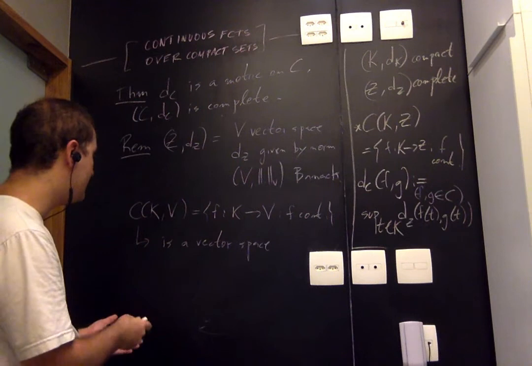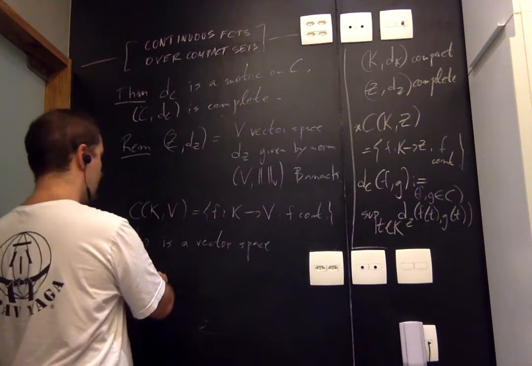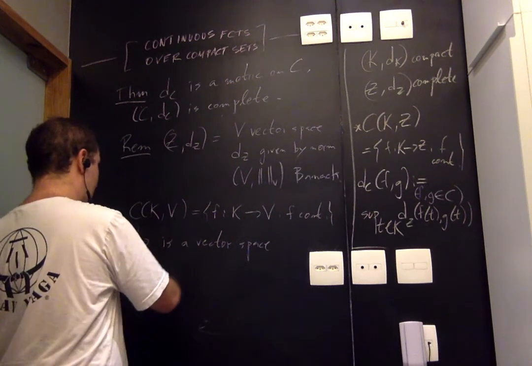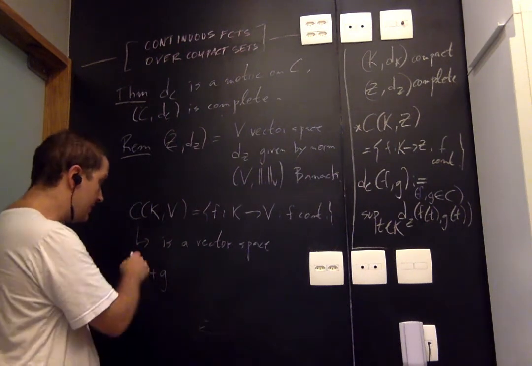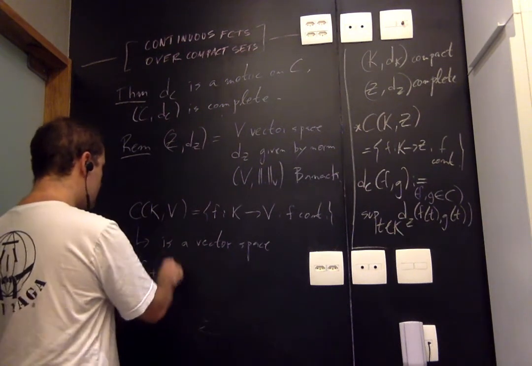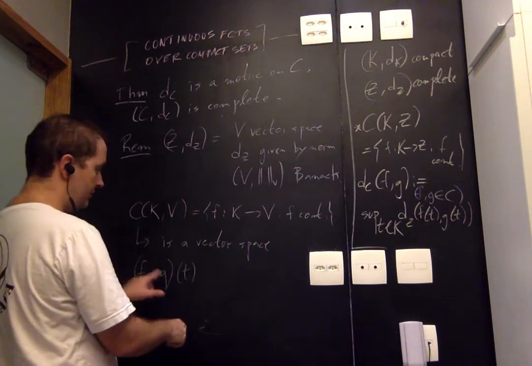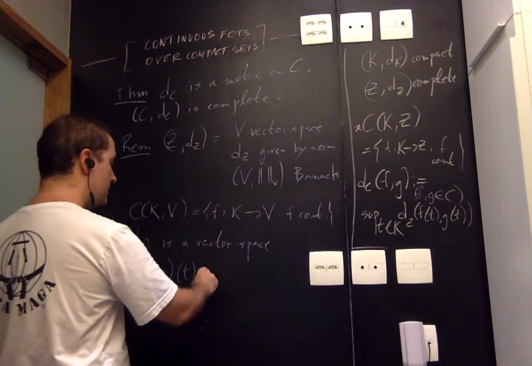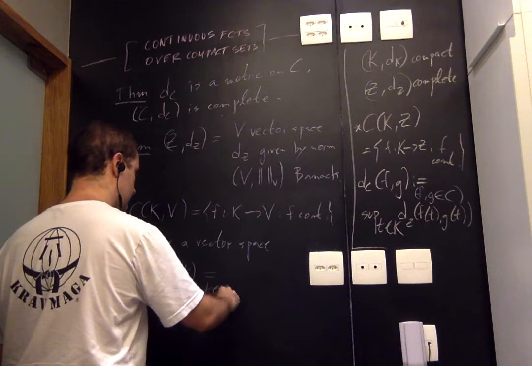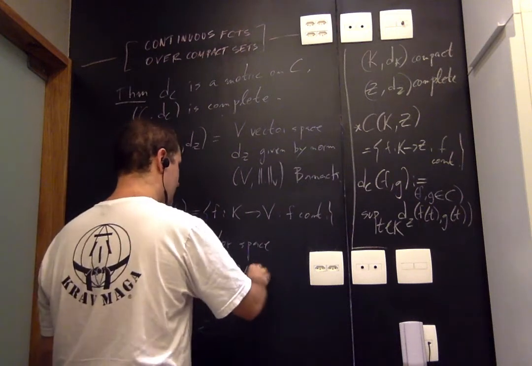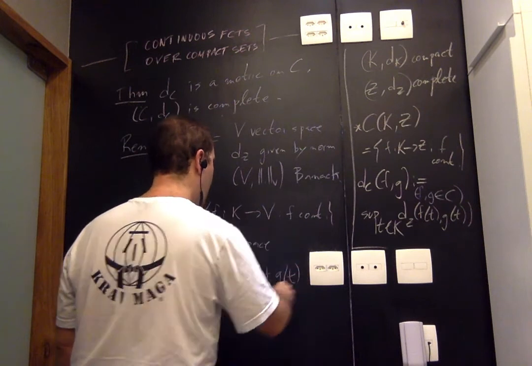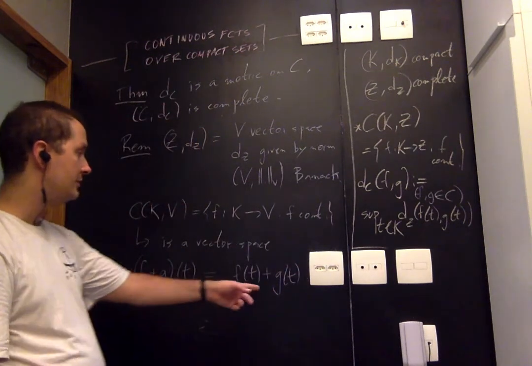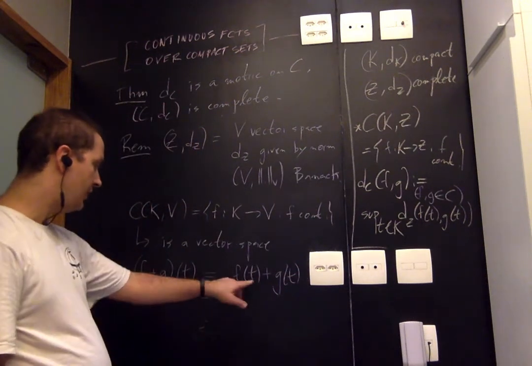So what kind of vector space is this? Well, it's very simple. I want to add two functions, f and g, that belong to C. To add two functions, I need to define what the value of the sum is at any point t in the domain. And that's just saying, well, since f(t) belongs to V and g(t) belongs to V, then I can define the sum, right?